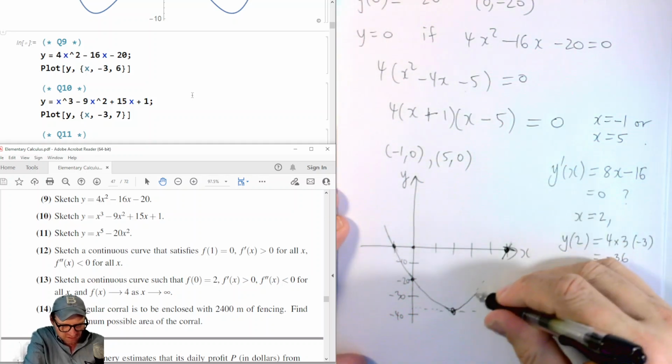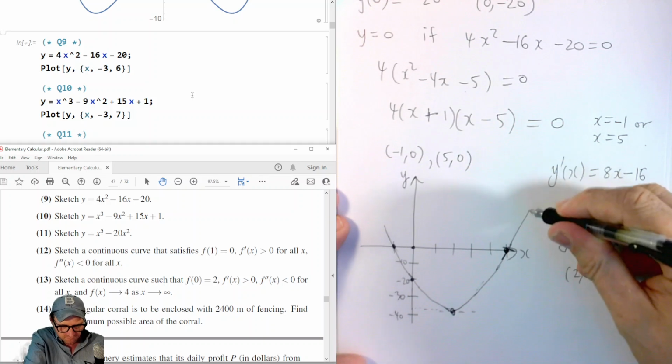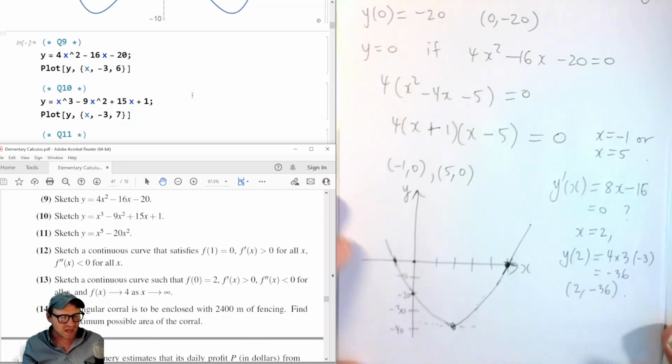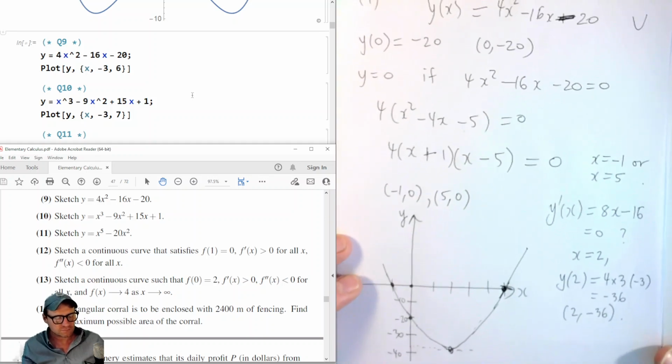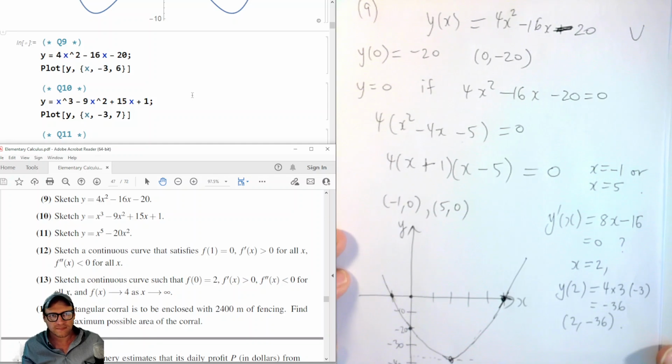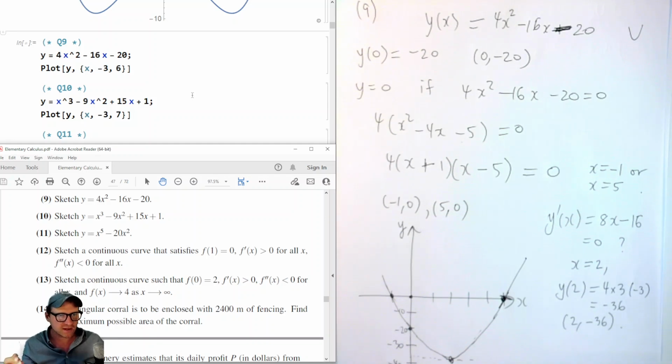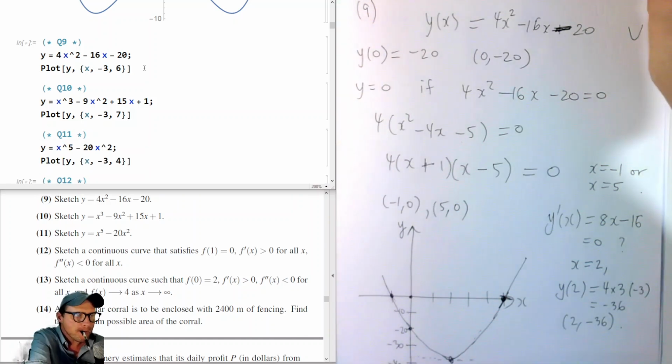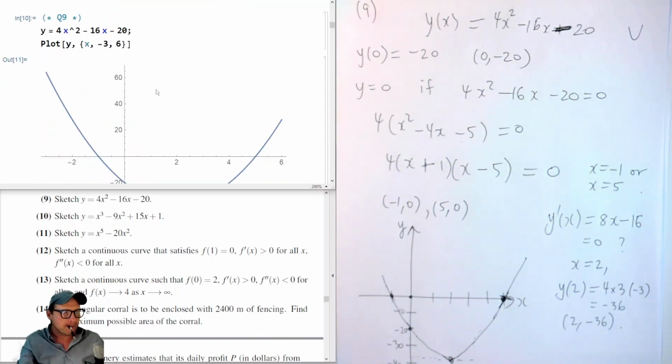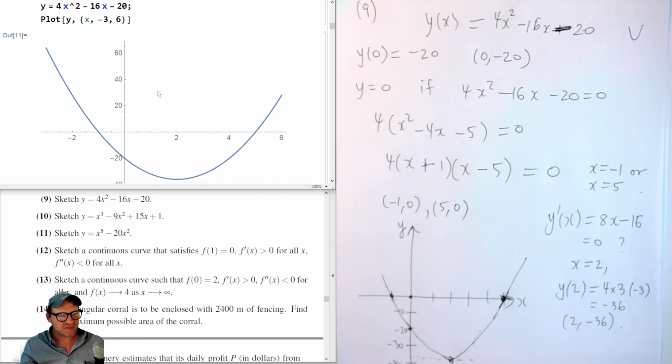And so we have something like this. All right, so there we did that by hand. You can screenshot that. Now I'm going to go to Mathematica and plot this. This is what Mathematica gives us there on the left. So we've now done question 9.